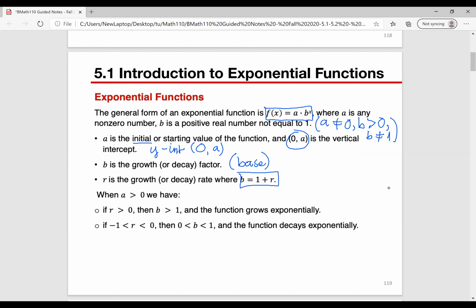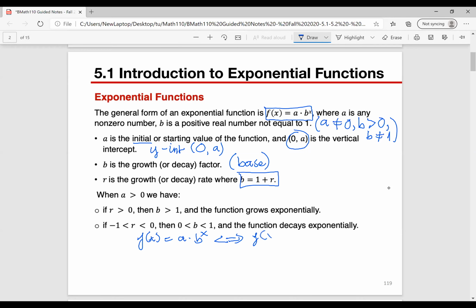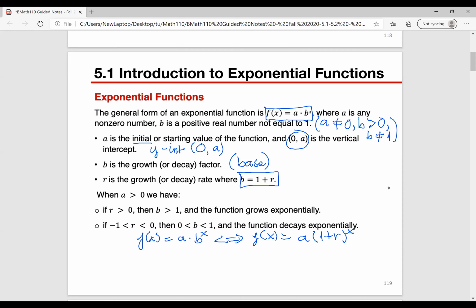So sometimes we can change f(x) = a times b^x, if you want to change the growth factor to become the growth rate, I mean the factor becomes the rate, you can write f(x) = a times (1 + r)^x, right? So you see that I have just changed b to be equal to 1 plus r.